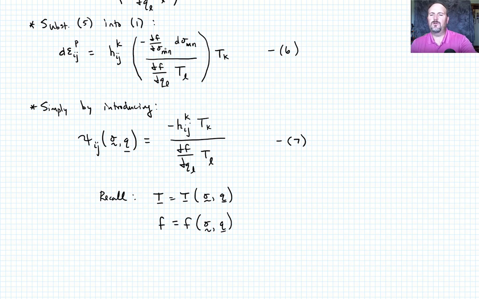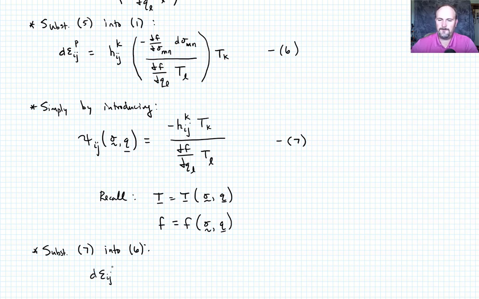Okay, so now what do we do? Well, we're going to substitute 7 into 6. Okay, and what we do when we do that is we get d epsilon ij p, the plastic strain increment, going to be equal to psi ij, which I'm going to remind you now is a function of sigma and q, right?